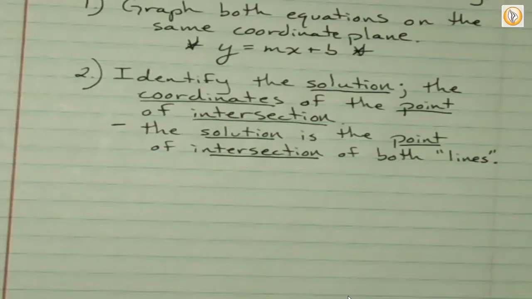Basically, remember you have two equations you're graphing. Where the two cross, that point, that ordered pair, that's your answer. Point of intersection is where the two graphs cross, that ordered pair, that point, that is your answer.